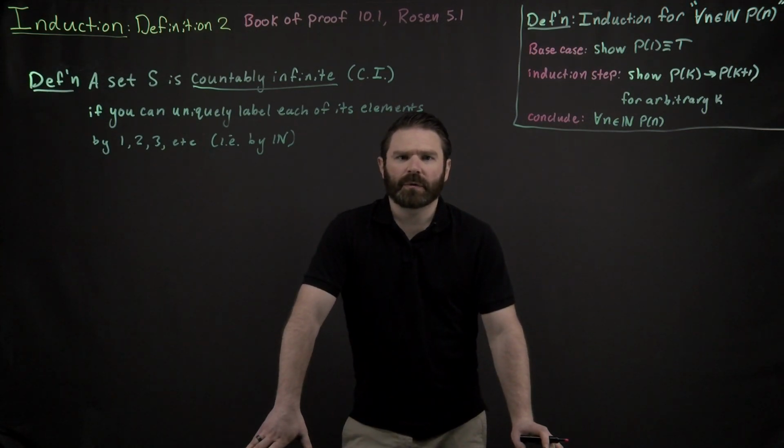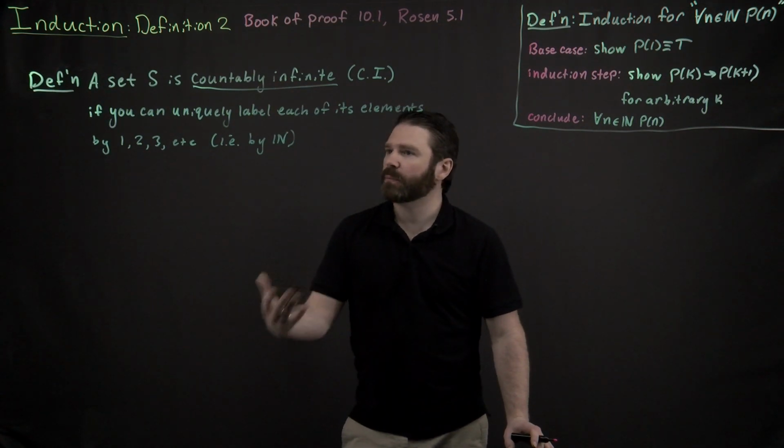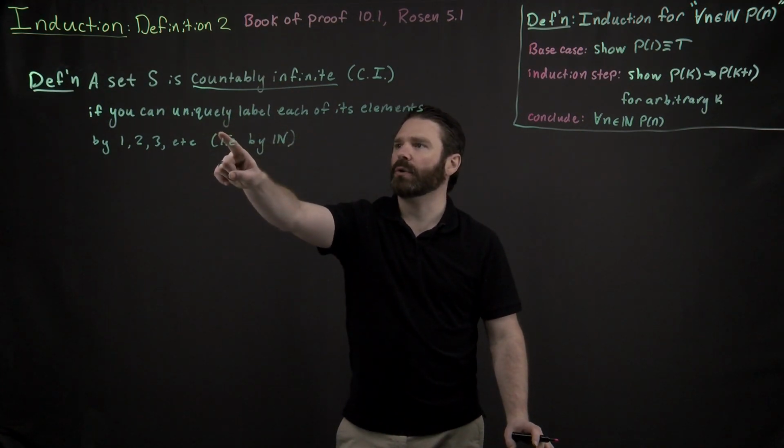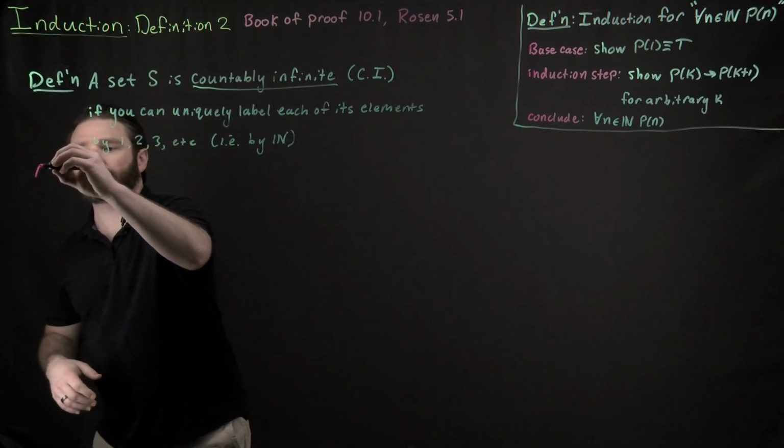So then how does a proof by induction work for one of these special kinds of sets? Well, it's important to know that since we can uniquely label these countably infinite sets, that means we could write them in the following way.